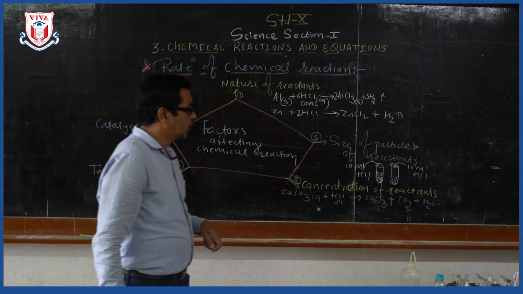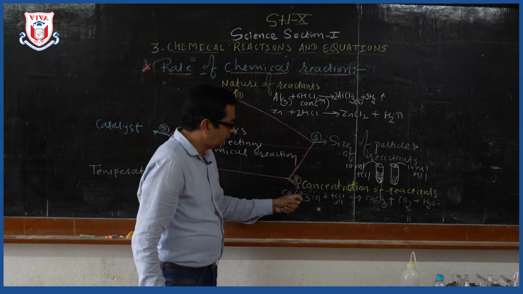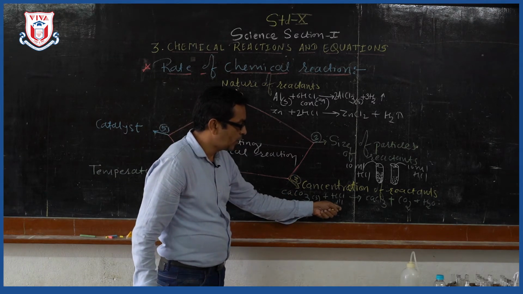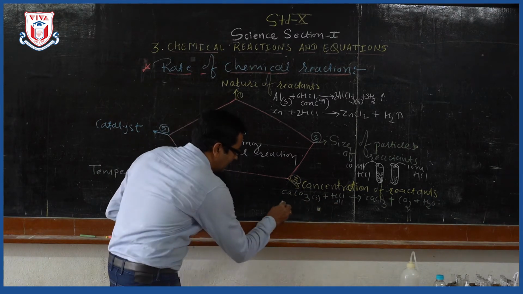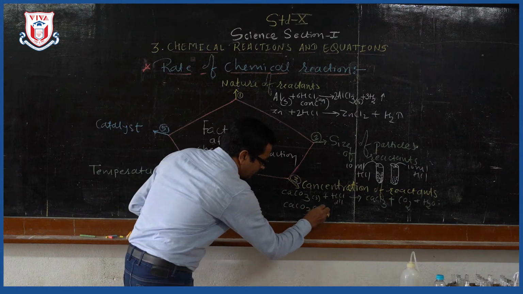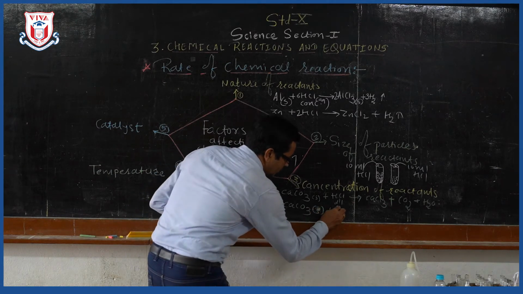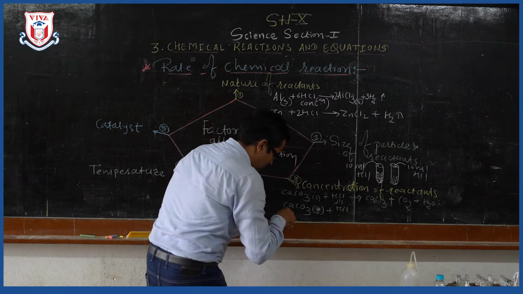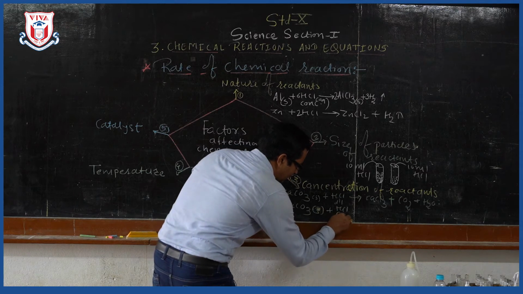In this case I use dilute hydrochloric acid, but in the second I will take the same solid CaCO3 plus I will use HCl, but it is concentrated.